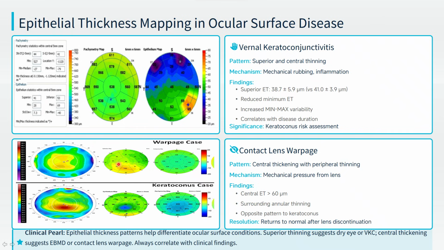So the main differentiation between contact lens warpage and keratoconus is epithelial thickening in warpage, and thinning of the epithelium over the steep cornea in keratoconus. Both of them on the axial map might show steepening of the cornea, but the epithelial map will show the difference between the two.